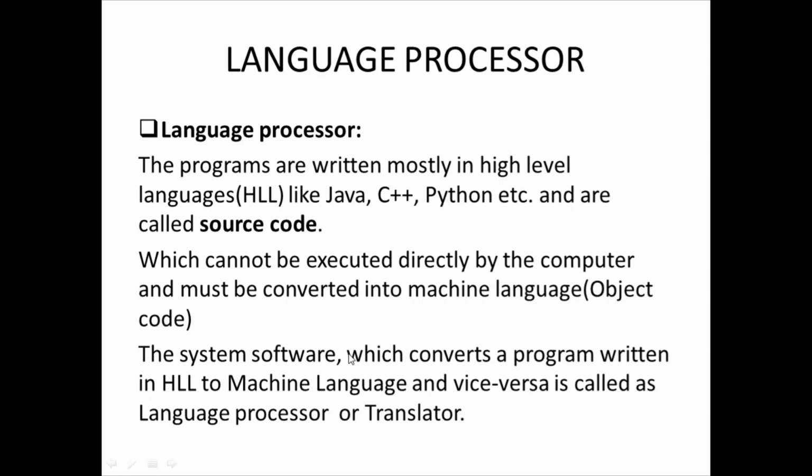So the system software which converts a program written in high level language to machine language and vice versa, meaning the other way also, is called a language processor or translator. So the high level languages should be converted into machine language. For that this language processor is being used, which is nothing but a translator.